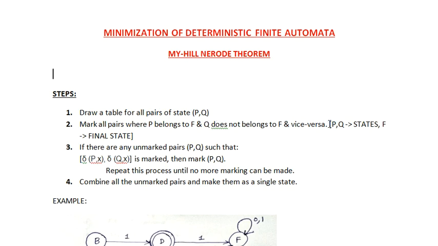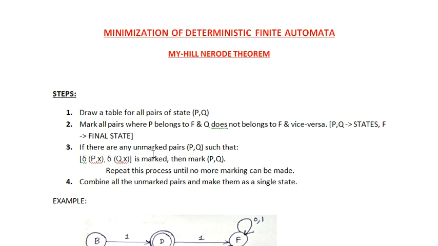That means suppose I'm making a pair P and Q, where P is the first state and Q is the second state. The first state must belong to the final states, and the second state must not belong to the final states, and vice versa. That means final, non-final or non-final, final can be a combination. If you find such pairs, then you have to mark them. Clear? Otherwise, if you do not have those, keep them as they are.